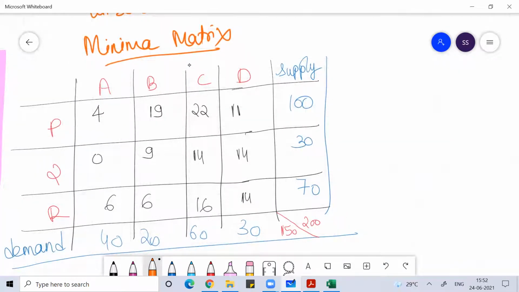So that the total sum of supply becomes equal to the total sum of demand.